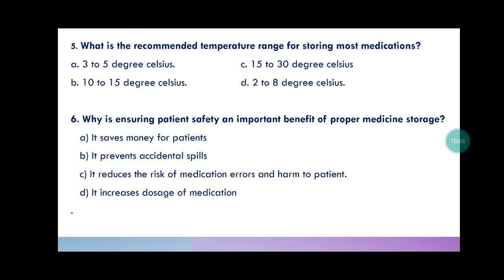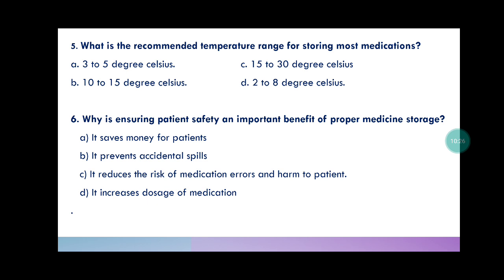Fifth, what is the recommended temperature range for storing most medication? A. 3 to 5 degrees Celsius. B. 10 to 15 degrees Celsius. C. 15 to 30 degrees Celsius. Or D. 2 to 8 degrees Celsius.